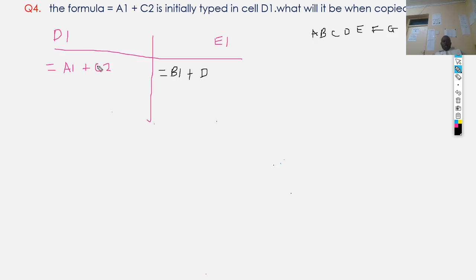The number from 1 to 2, there was an addition of 1. So here there will also be an addition of 1, so 1 plus 1 is 2, so it becomes D2. So the formula in E1 will be B1 plus D2.